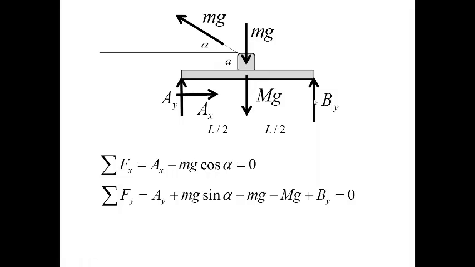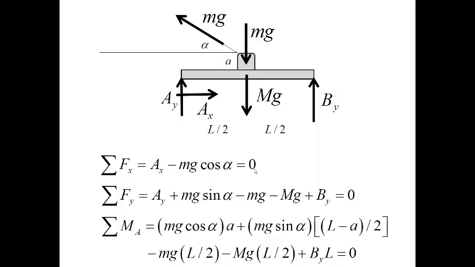Finally, I need to write sum of the moments equations, and I will use the point A. In writing the equation, I will neglect the beam thickness. So let's begin. The forces AX and AY are not engaged because their arms are equal to 0.